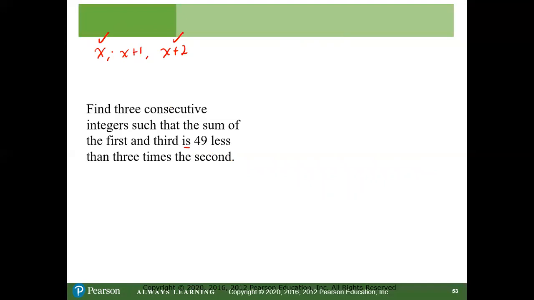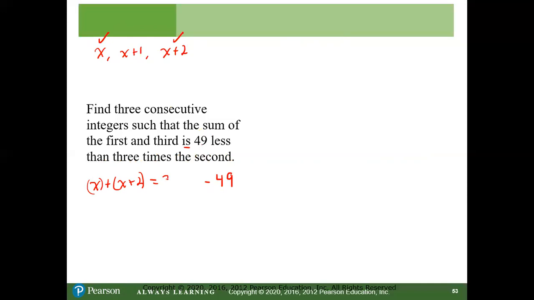Okay, so the sum of this one and that one, so x plus x plus 2, the sum of the first and the third is 49 less than, remember we're going to subtract 49, then 3 times the second.